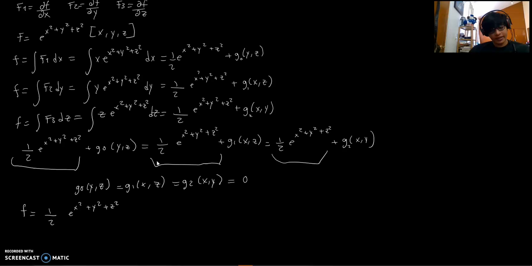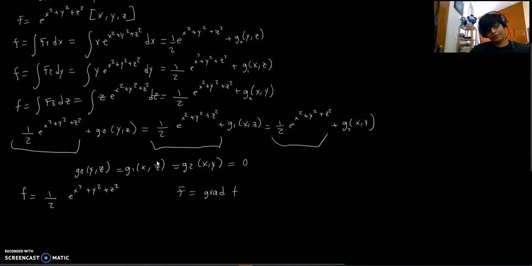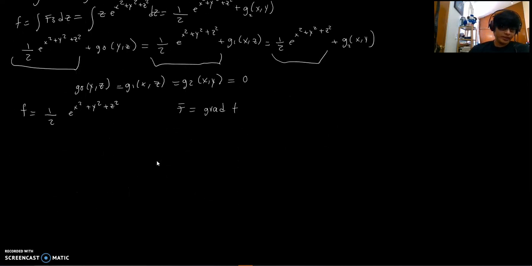But this has not yet told us if it's true that F is equal to the gradient of f. However, we can make these calculations. We know that the gradient of f is equal to a vector where we have df with respect to x, df with respect to y, and df with respect to z. So we can calculate the derivative of this function.